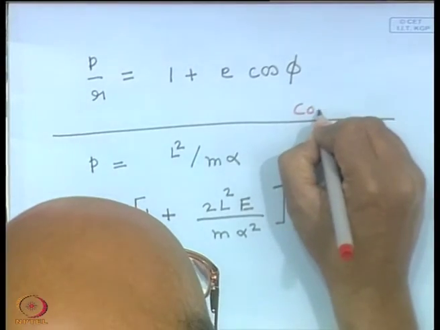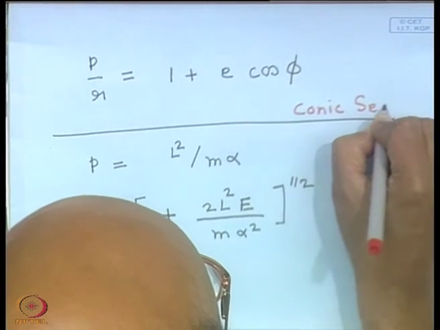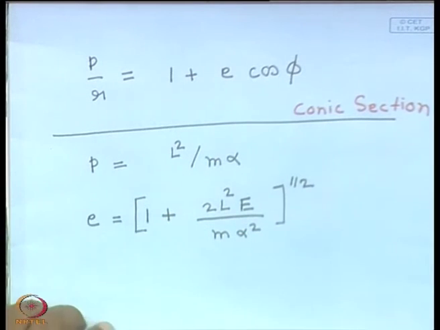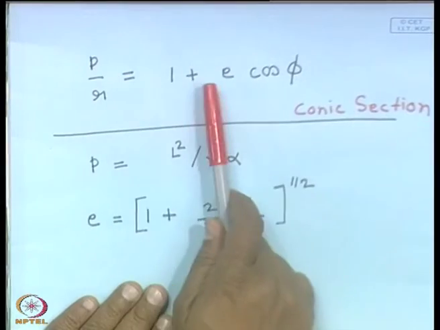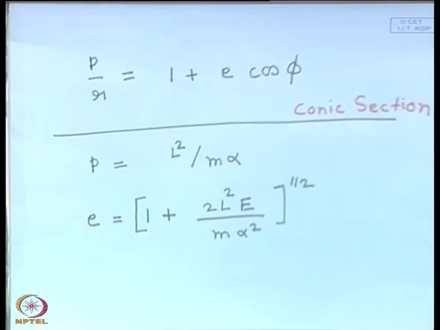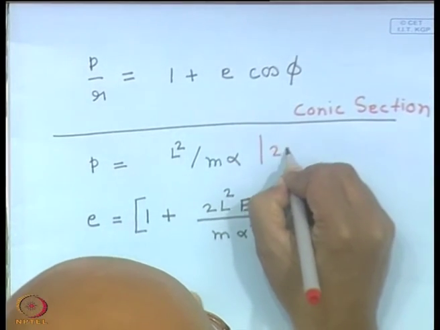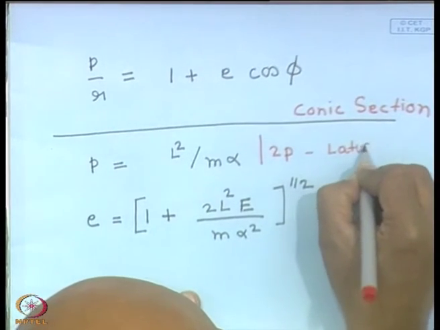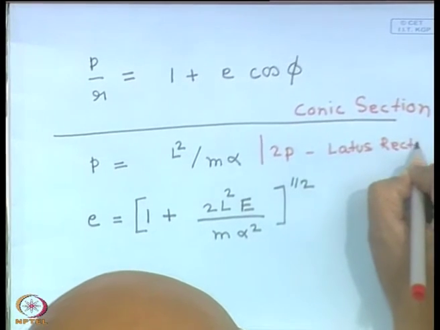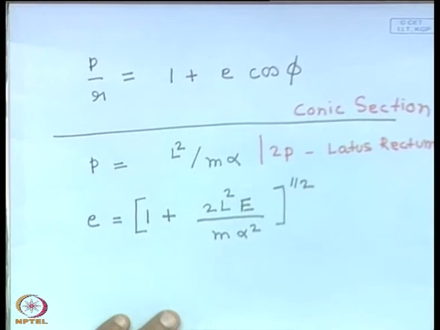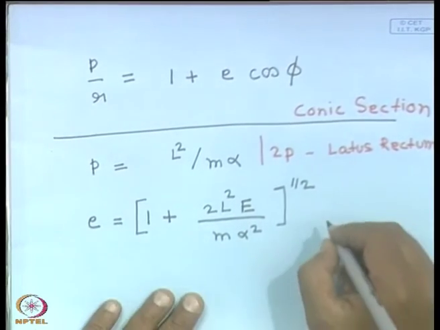The equation between r and phi defines a conic section, and it is defined in terms of two parameters, P and E. 2P is called the latus rectum and E is called the eccentricity.